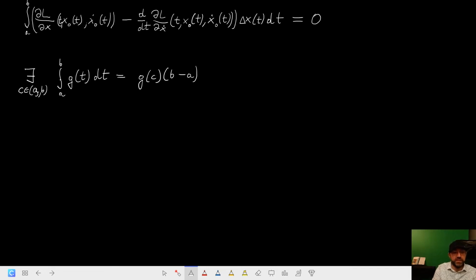That's the mean value theorem for integrals. And obviously, when you remember the mean value theorem for derivatives, you can derive this one from that.